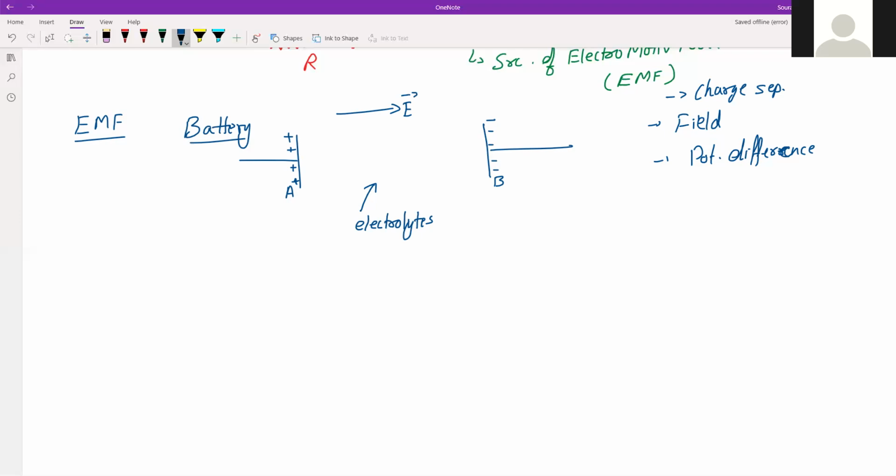The field exerts a force on every charge here. Suppose there is a charge Q here; it will experience a force equal to QE, in the direction opposite to the electric field, because that charge is an electron. So the force will be exerted in the direction opposite to the electric field. In the steady state, the charges stop accumulating further and these forces balance each other.